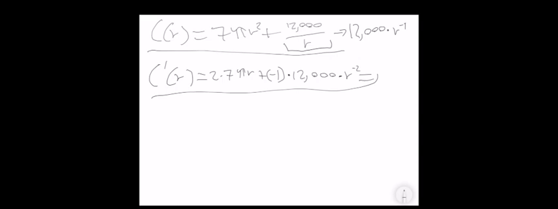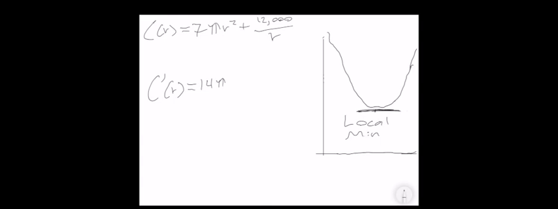And this equals 2 times 7 is 14, so 14 pi r, minus 12,000 over r to the second. Now I'm just rewriting it over here. And graphing it looks something like this. And the local minimum looks like it occurs at about where r equals 8.